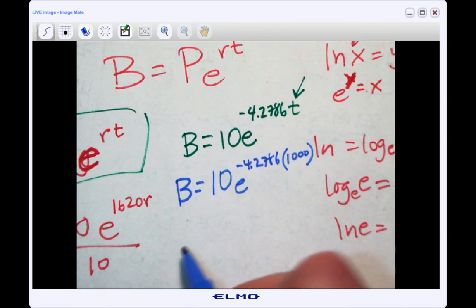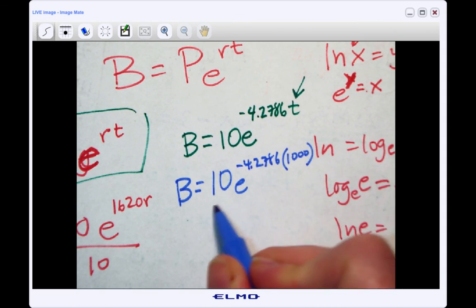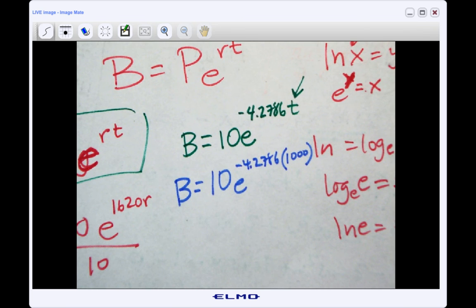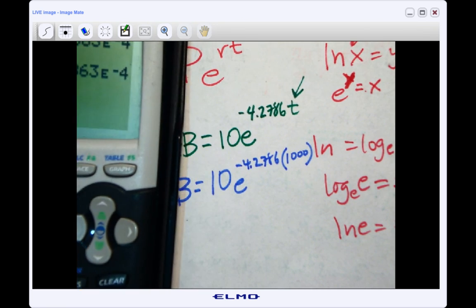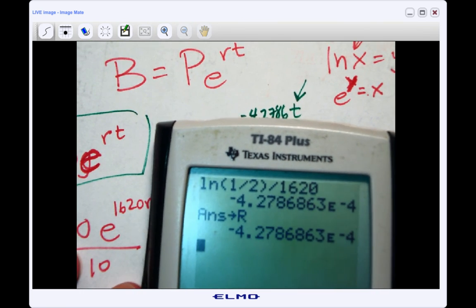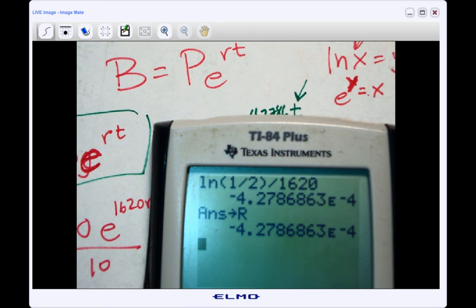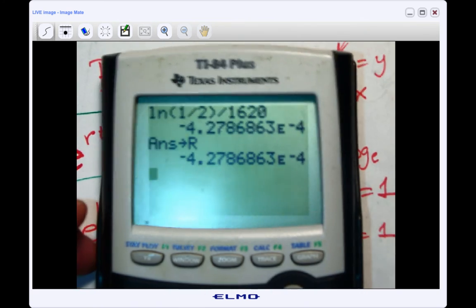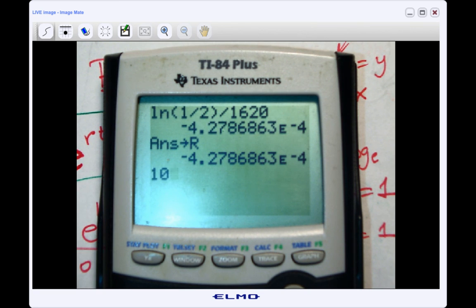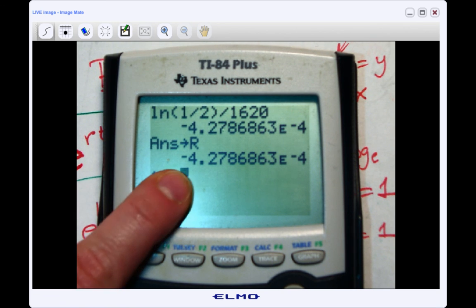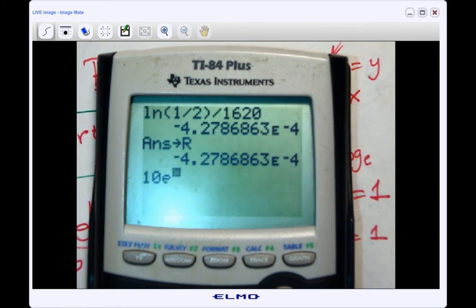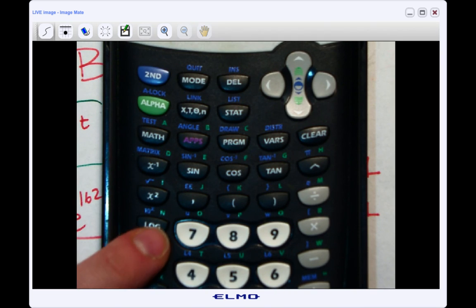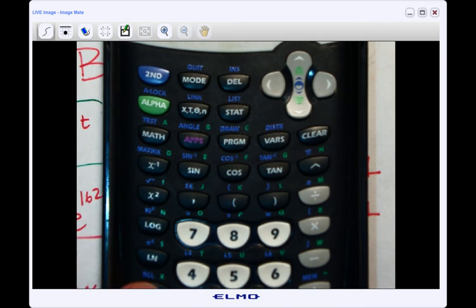All right, so now all I have to do is type this mess into my calculator. So how am I going to do that? Well, fortunately, I made it a little bit easier for myself by storing that number as R, so I highly suggest you do that. So what am I going to type in? I'm going to type in 10 E, and now my calculator already puts it in because I picked this little guy here, where it is ln.